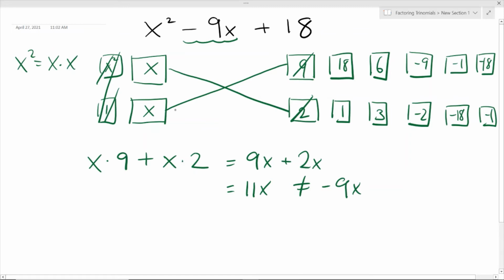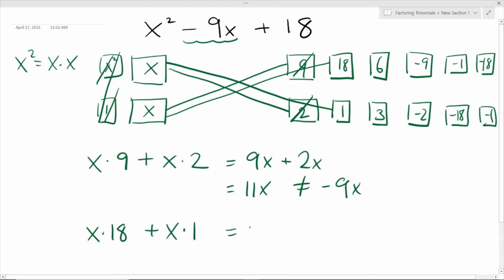Now let's try crossing it over with 18 and 1. So x times 18 is going to be 18x, and then here, x times 1 is going to be written here, and adding them together, 18x plus 1 times x is going to be 19x.